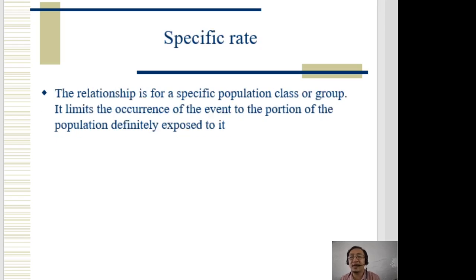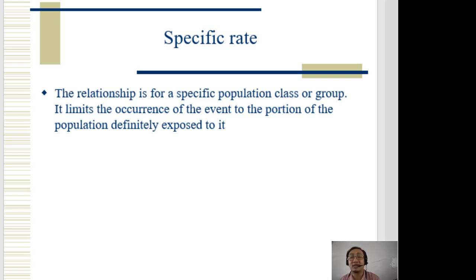So specific rate: we have the general and we have the specific. Specific rate is a relationship for a specific population class or group. It limits the occurrence of the event to the portion of the population definitely exposed to it. Comparing to your general or crude rate, specific is only for a group of people.